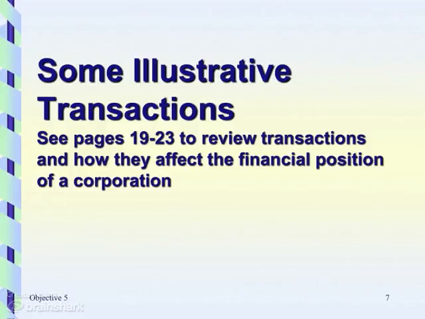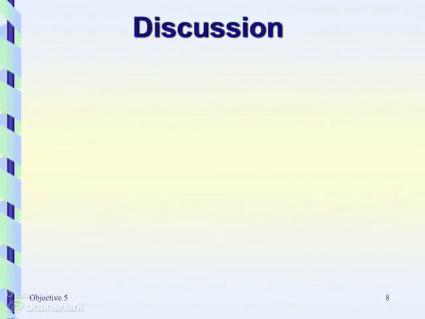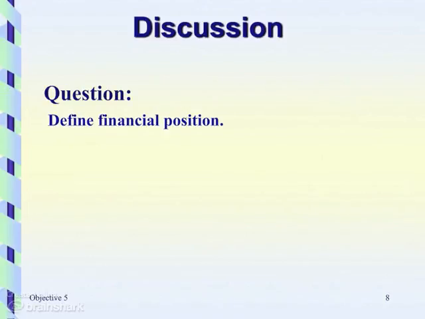On pages 19 through 23 in your textbook, you can review the various transactions of a corporation and see how they affect the financial position of that corporation. Define financial position.